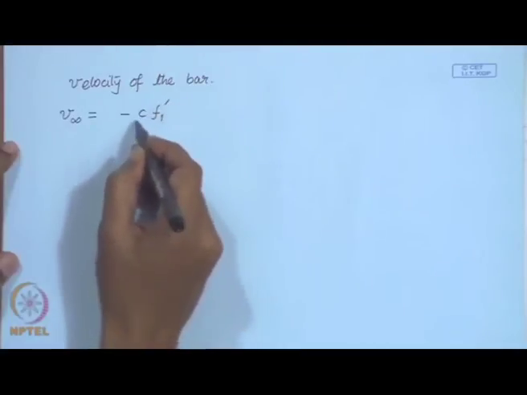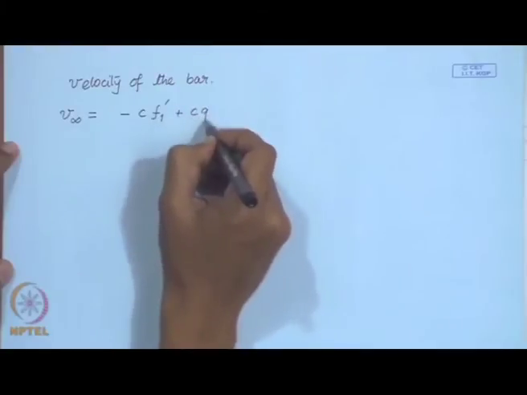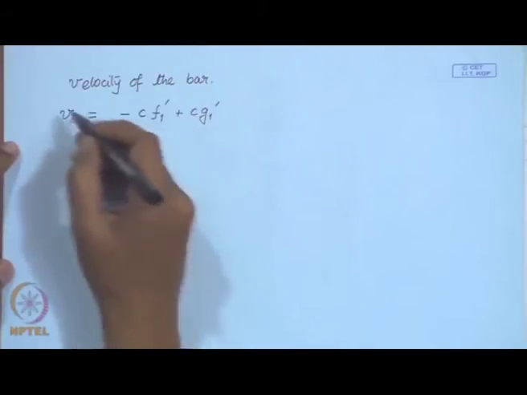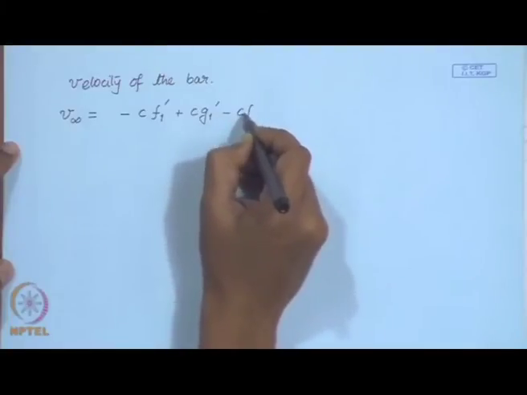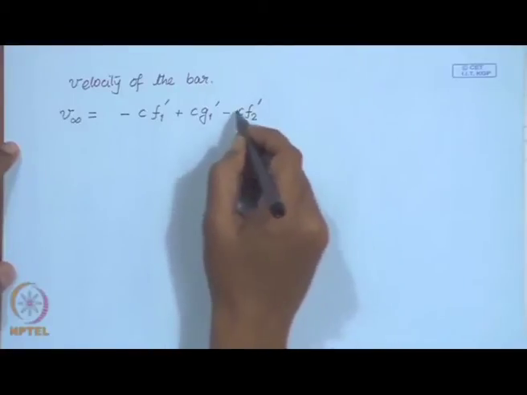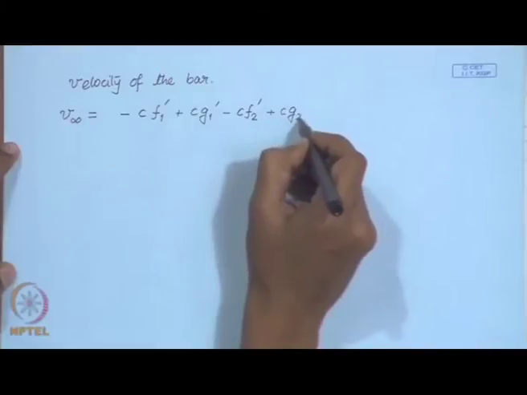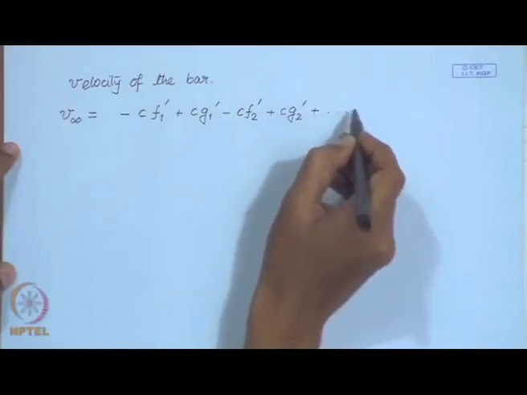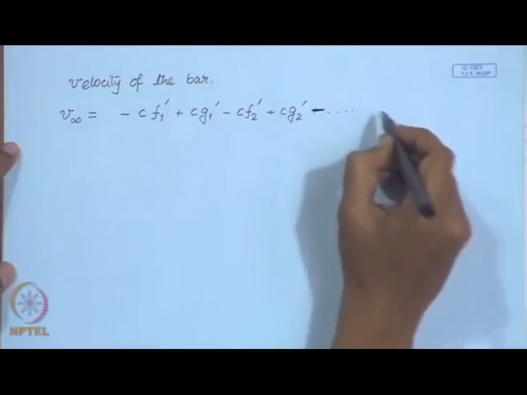So, as we find velocity, it is negative c of f 1 prime plus c g 1 prime. This is what we have discussed. So, for every right propagating wave, this is going to have a coefficient minus c. So, here there will be minus. So, like this.